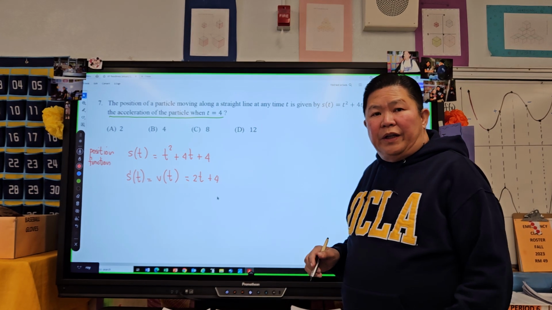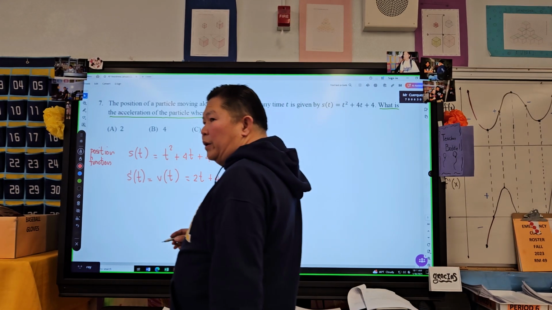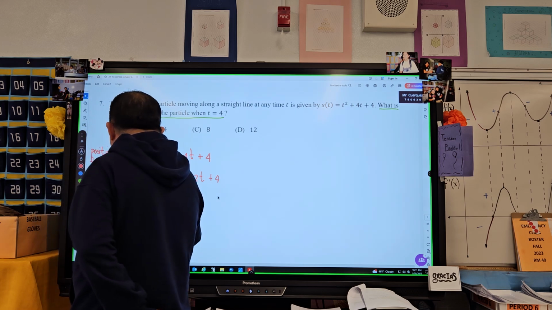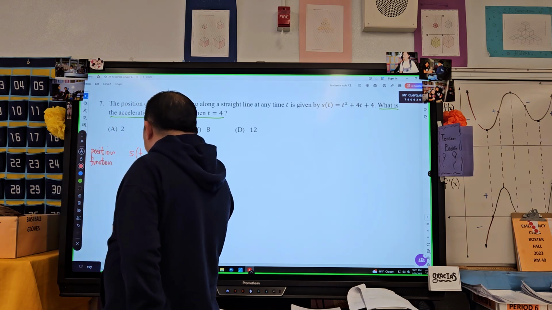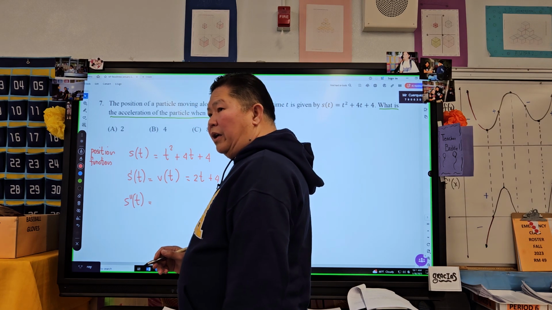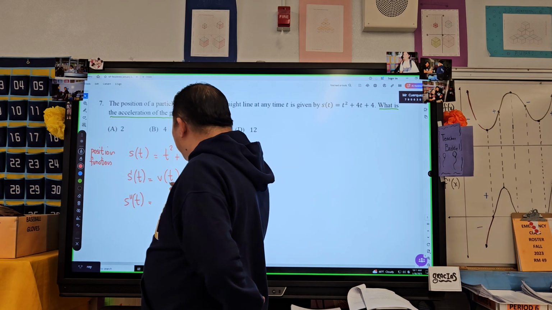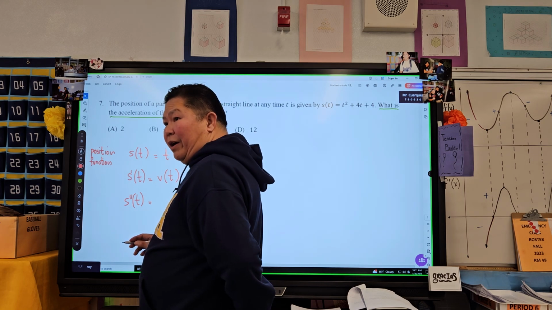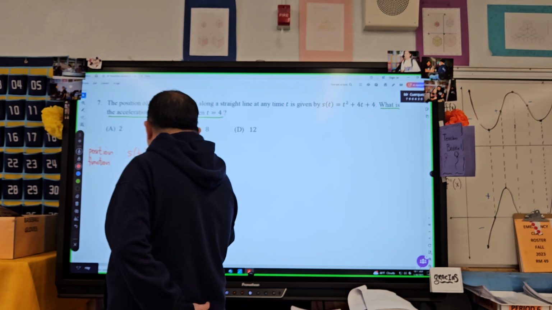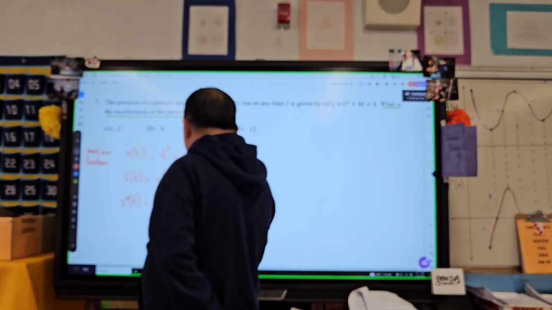Next to velocity would be acceleration. So we do s double prime. S double prime of t is equivalent to acceleration, and acceleration is the v prime of t, which is equal to a of t.